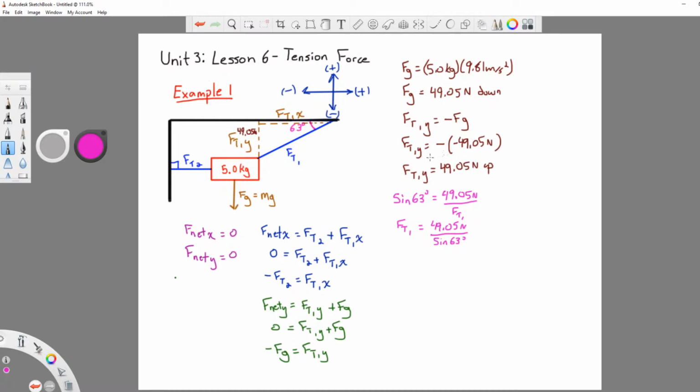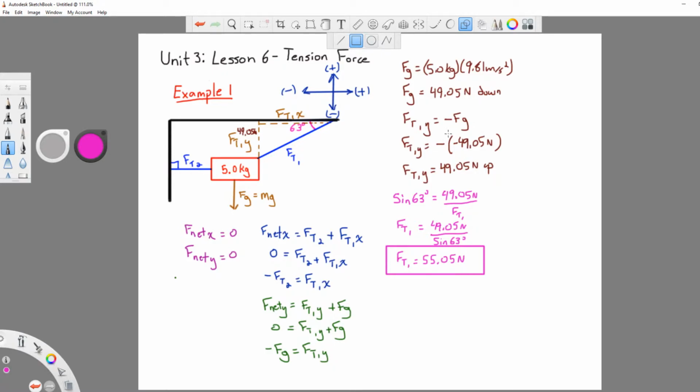That, to me, gives us a value of 55.05 newtons. All right. That is half of our answer, right? We just solved Ft1. We don't need any directions or anything on this. It's just simply asking us for the magnitude. The direction is already given, right? This is 63 degrees from this horizontal value. So that's nice. We don't need any direction on that.